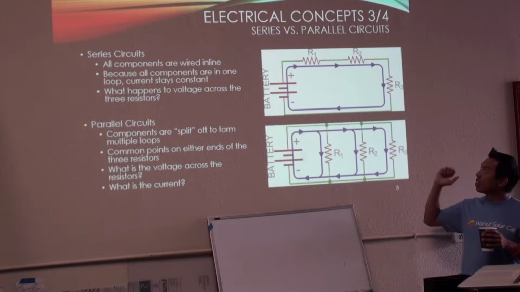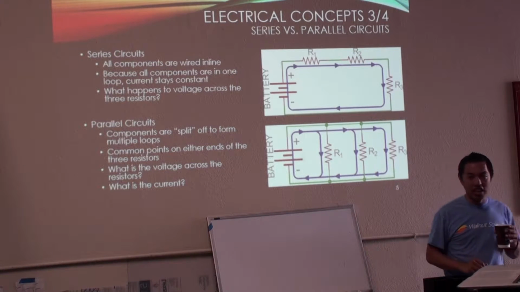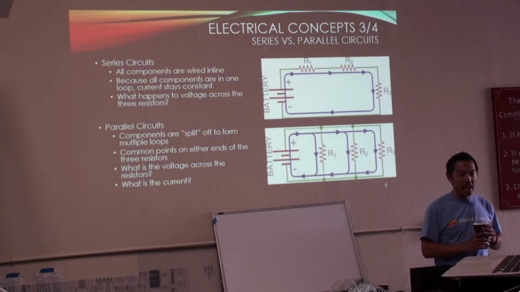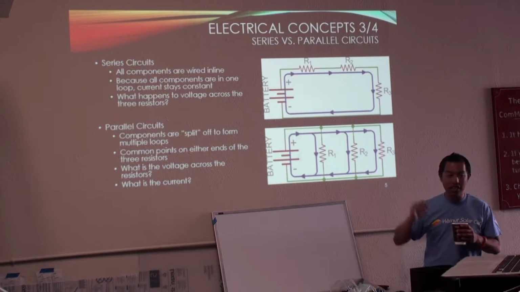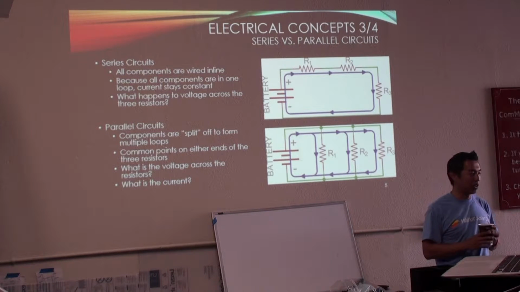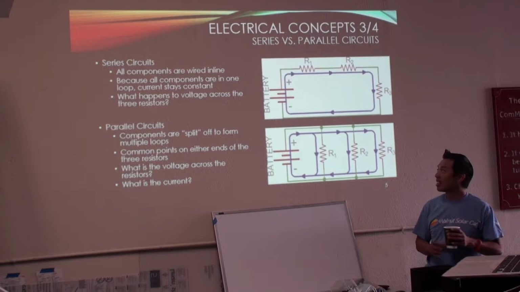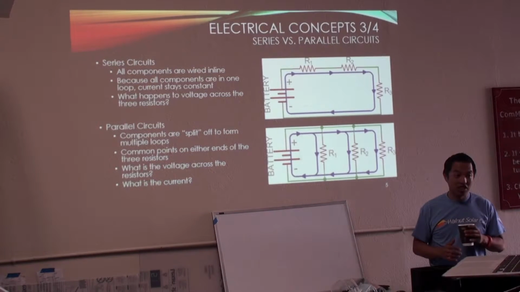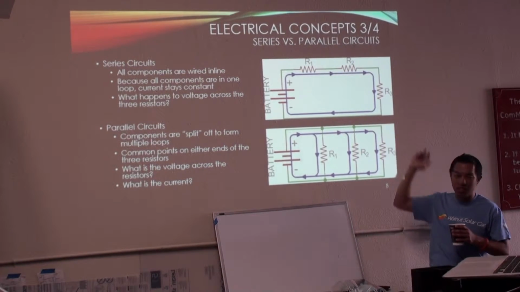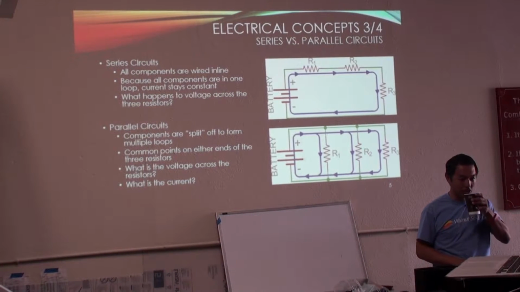If each resistor is the same, let's say each resistor is 5 ohms, and the battery is, call it, 30 volts, right? So what does that tell us about the voltage across each of the resistors?